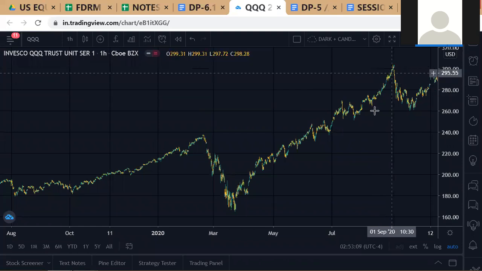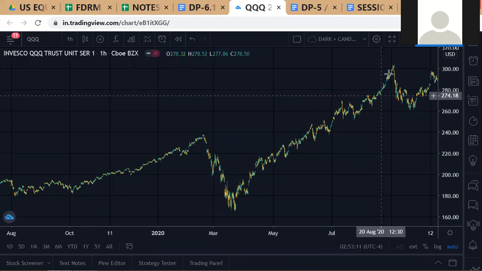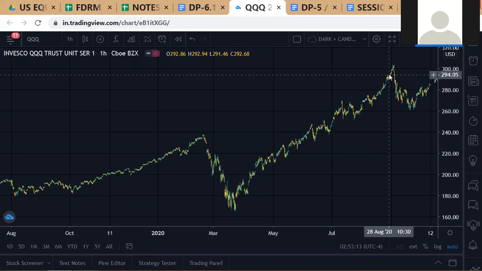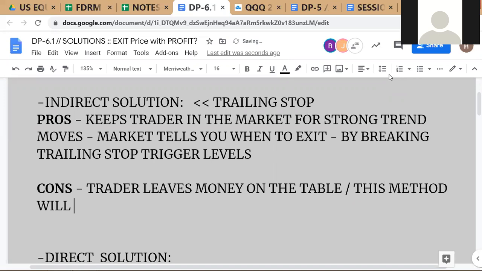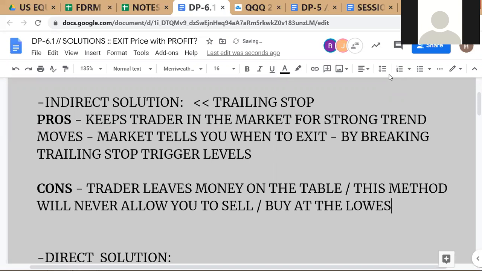That's why it's a con in that sense, that you will never capture, let's put it this way, this method will never allow you to buy at the lowest. No, this should be highest.